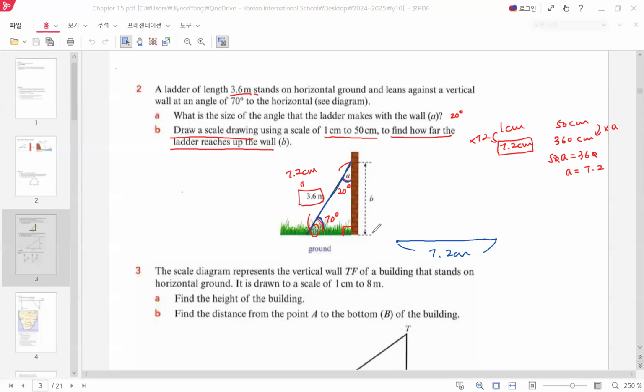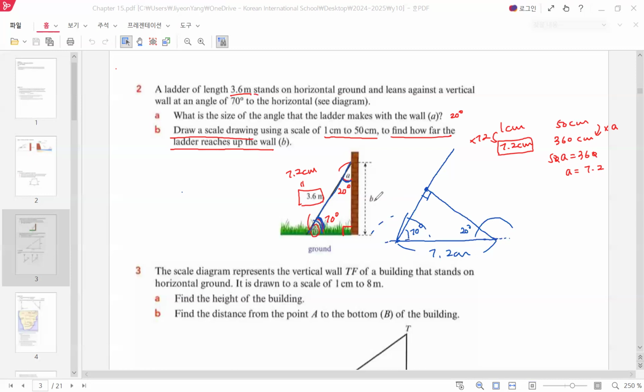And using a protractor, you can measure 70 degrees from here, and 20 degrees here. Then it's going to be a right-angled triangle. Do you understand? You can draw this situation in a scale drawing in this way.